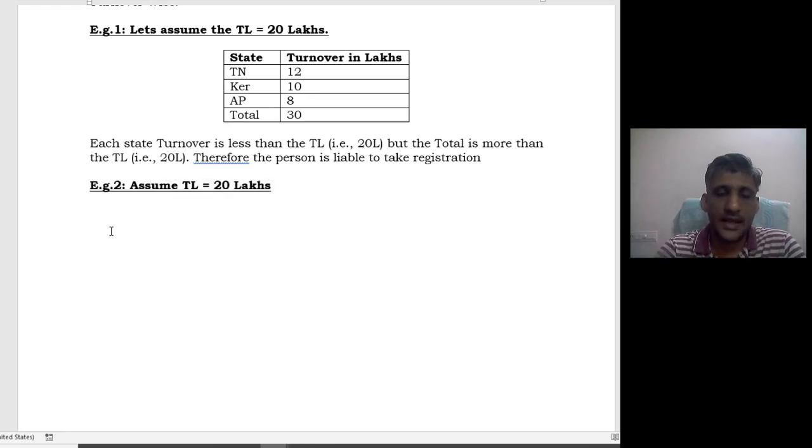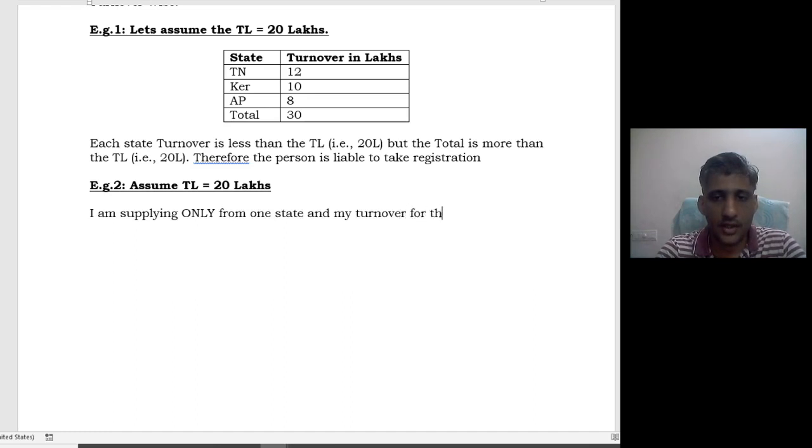Let's assume I'm there in only one state. I am supplying only from one state, and my turnover for the year is as follows.